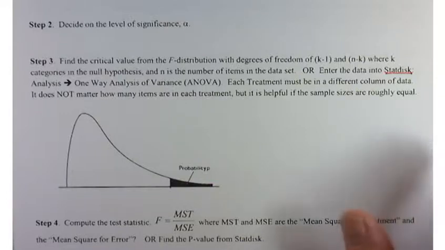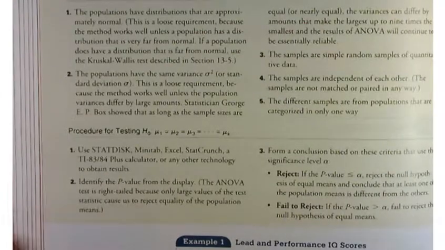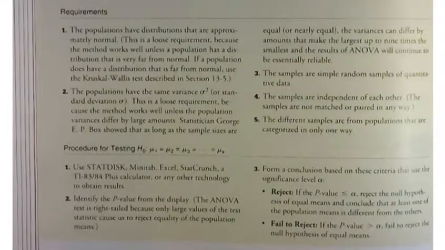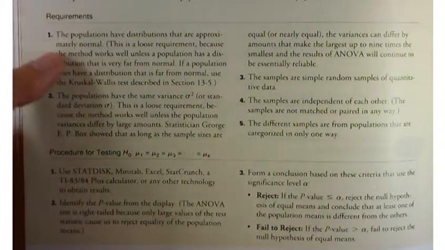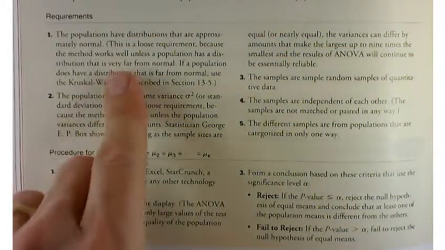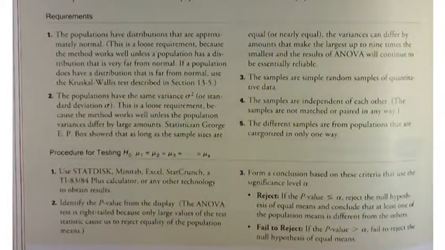Now there's some assumptions that go along with the analysis of variance test. And they're too long that I didn't want to bother putting them into the handout, but they are in your book. One thing about an intro stat class, I can't spend too much time and effort really being dogmatic about using the requirements and checking the requirements.